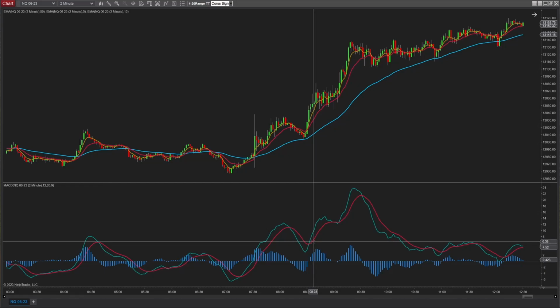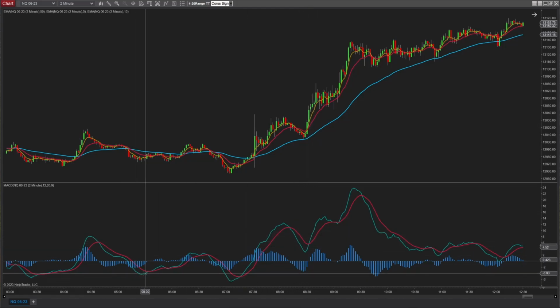The signal line is the red line in this example. If the MACD line crosses above the signal line, it is a bullish signal indicating that the asset may continue to rise. And if the MACD crosses below the signal line, it is a bearish signal indicating that the asset may continue to fall.